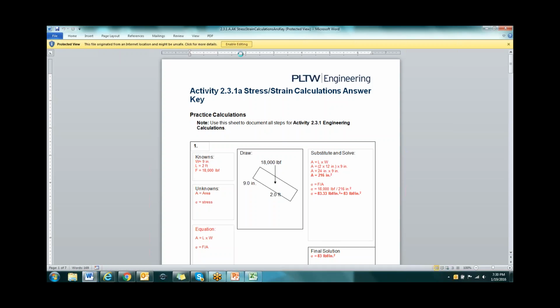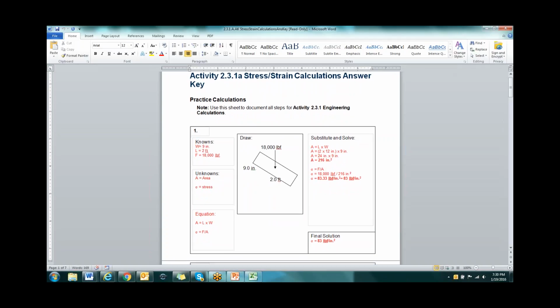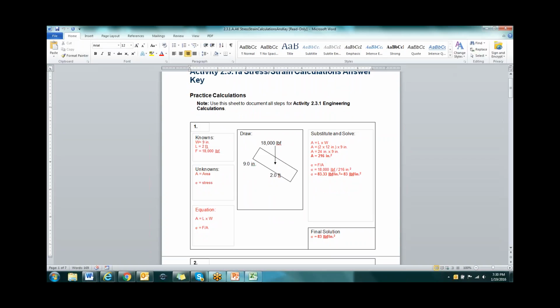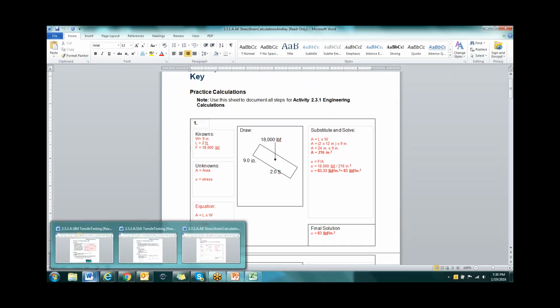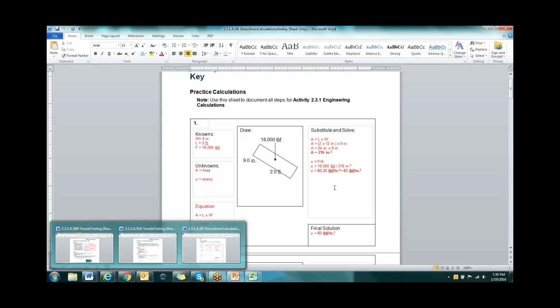There we go. Okay. So this is the resource in the teacher resources. So this is the answer essentially. The 231 questions themselves come in a pretty compressed document.